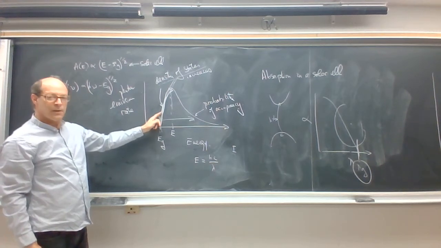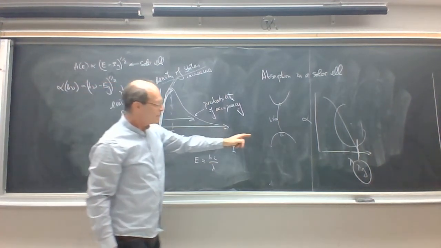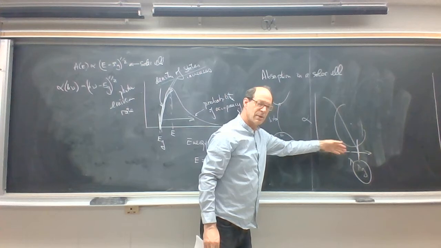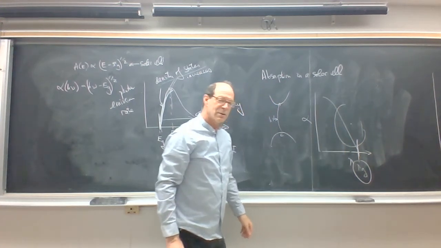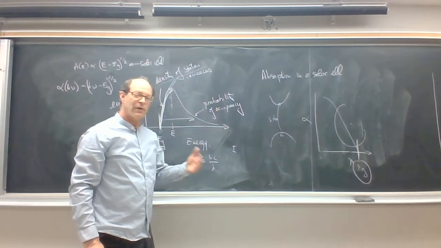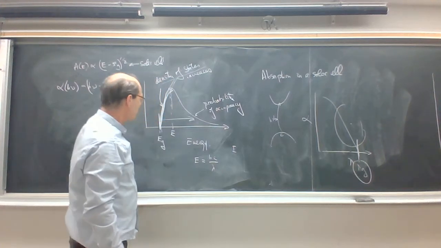If you then convert that into a wavelength, it would look like this, which is the diagram in chapter 5, which we looked at for various semiconductors.